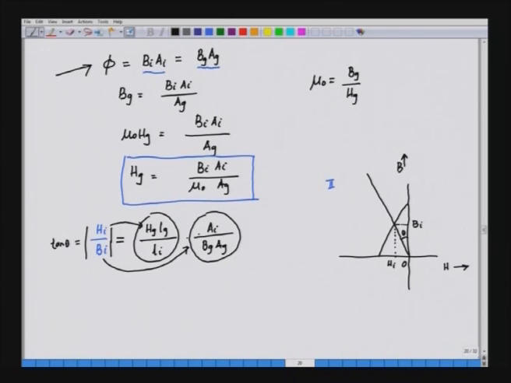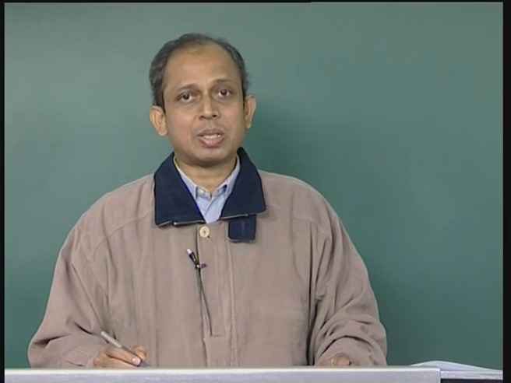We will further do some simplification. We will again replace Hg by B by mu naught. Hg is the magnetic field strength in air and Bg is the flux density in air. So, Bg by Hg is equal to mu naught. Mu naught is the constant of permeability.